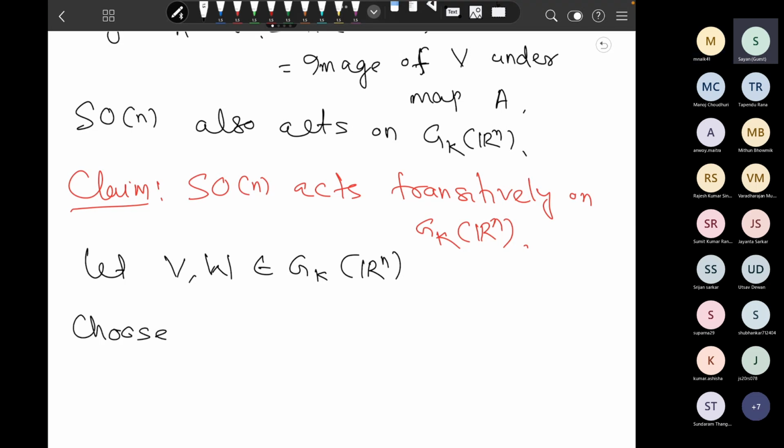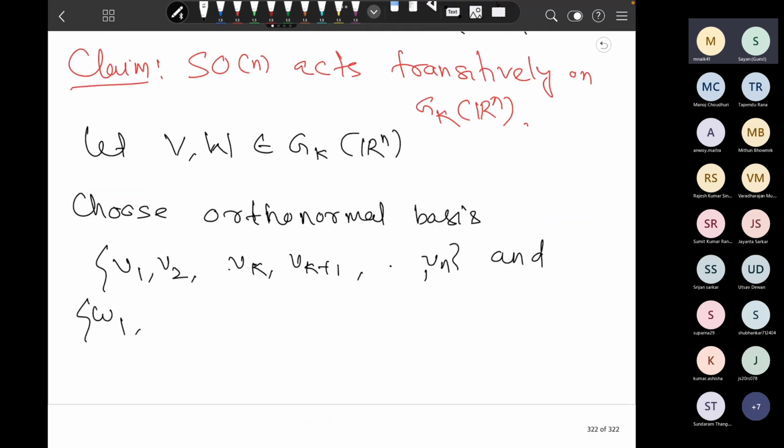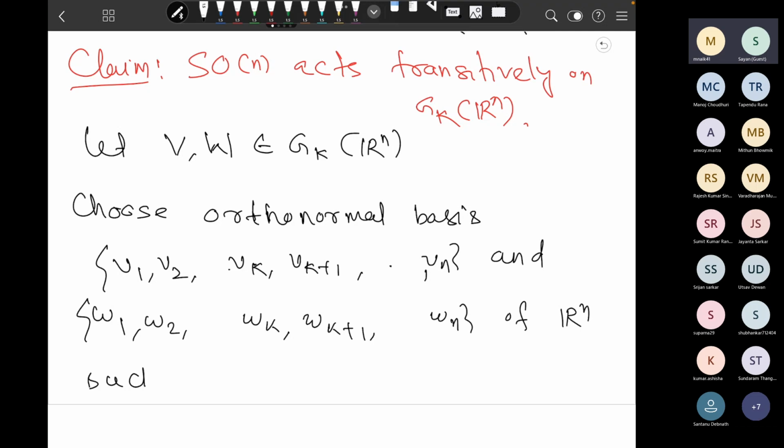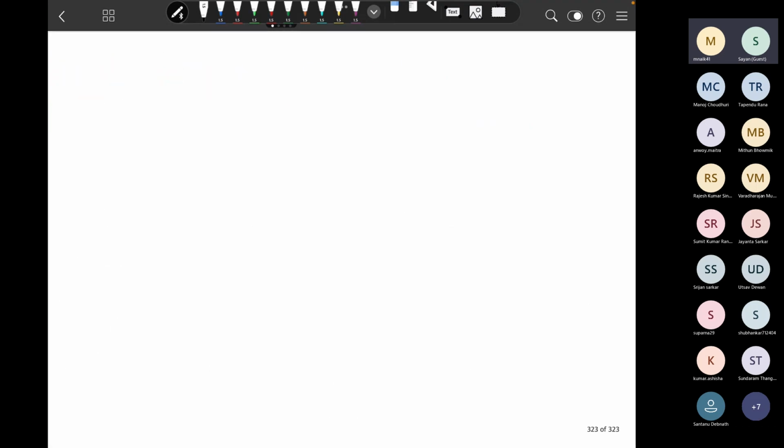Choose orthonormal bases v1, v2, ..., vk, vk+1, ..., vn and w1, w2, ..., wk, wk+1, ..., wn of R^n, so that v1, ..., vk belong to V and w1, ..., wk belong to W. This is possible.